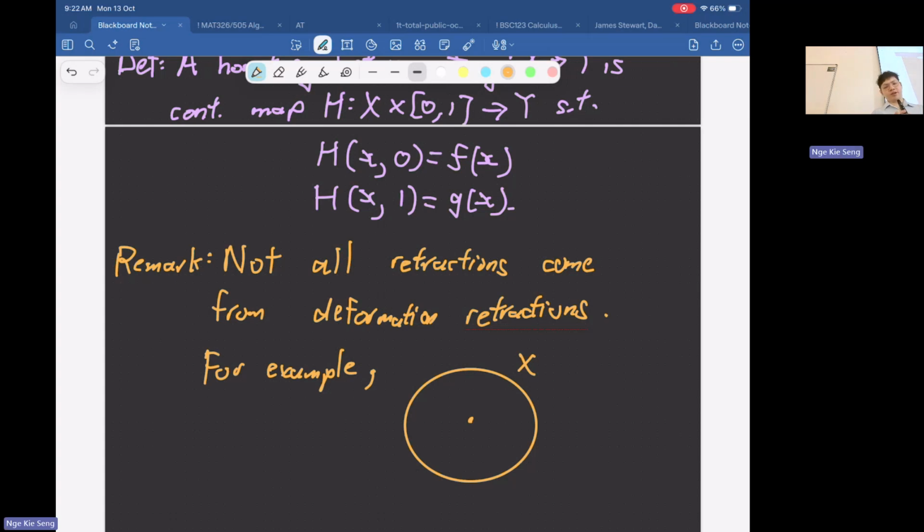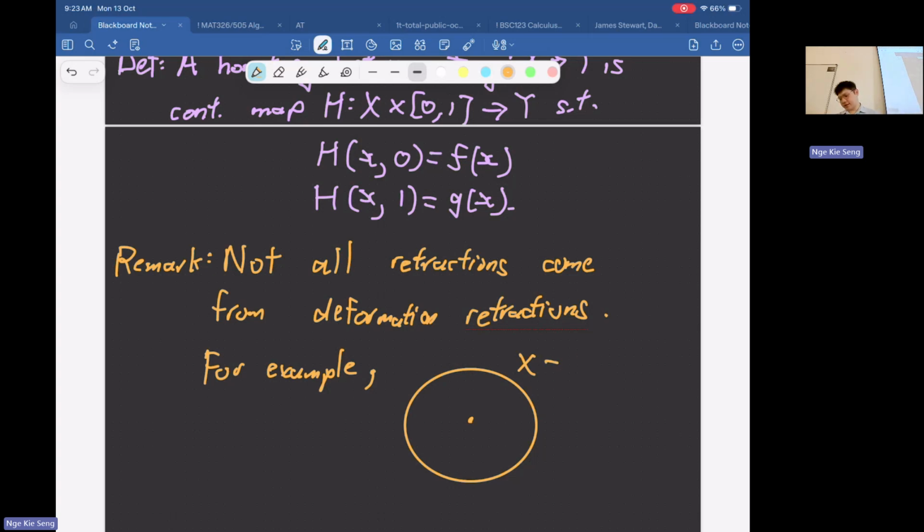The point here is like this is the counterexample.